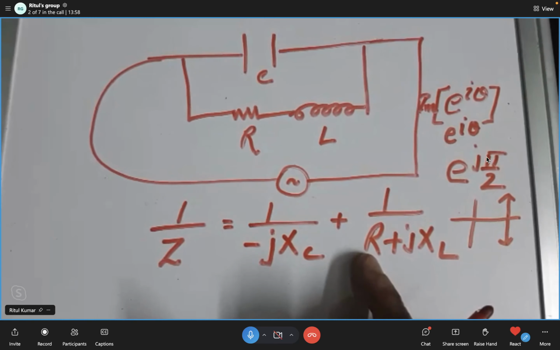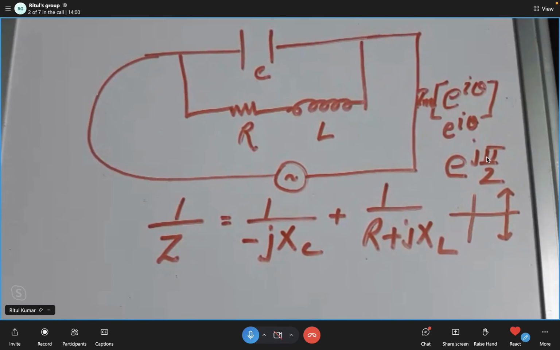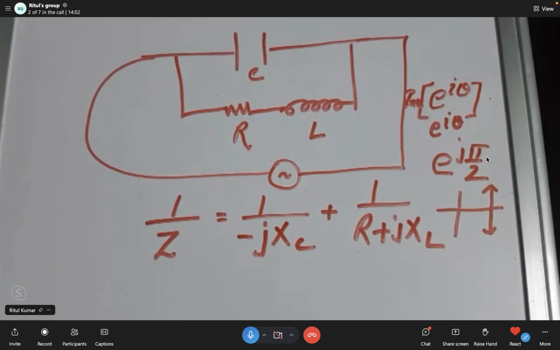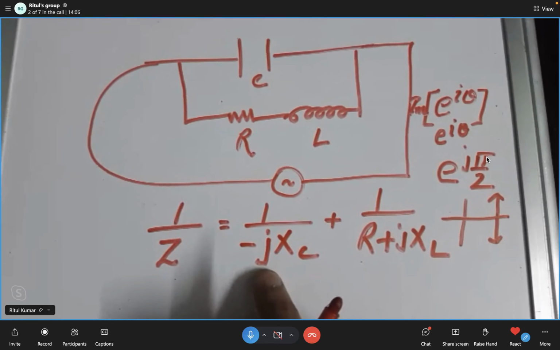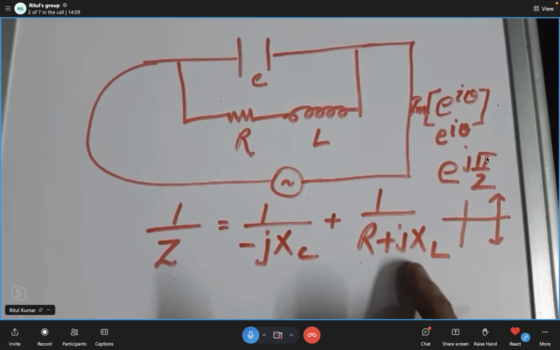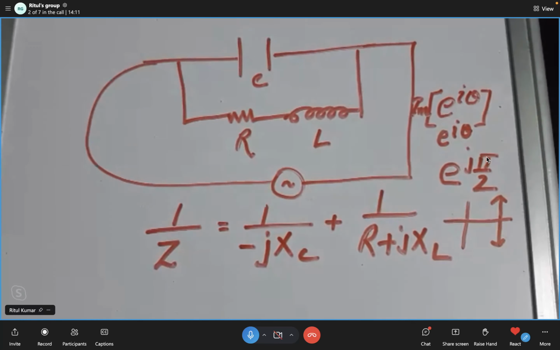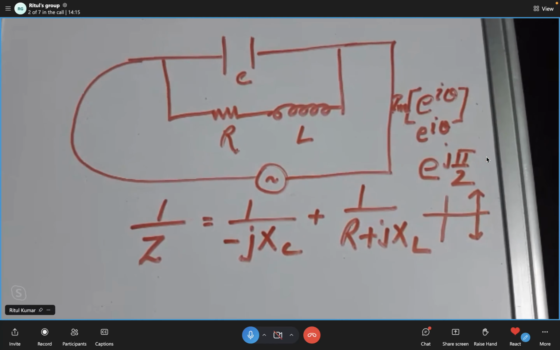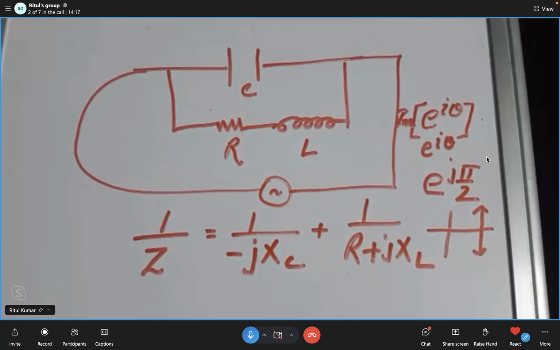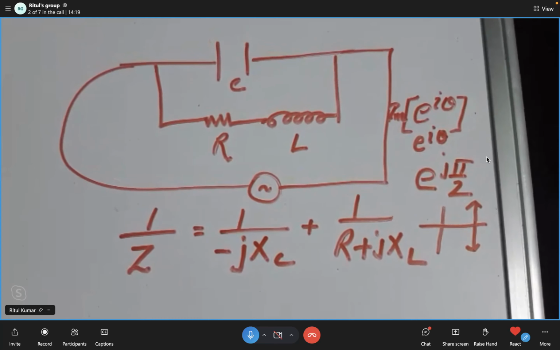So real is this to us, this being imaginary, correct? Yes, sir. If one is up, the other should be down. So if one is with j, the other will be with minus j, right? Yes, sir. Okay.